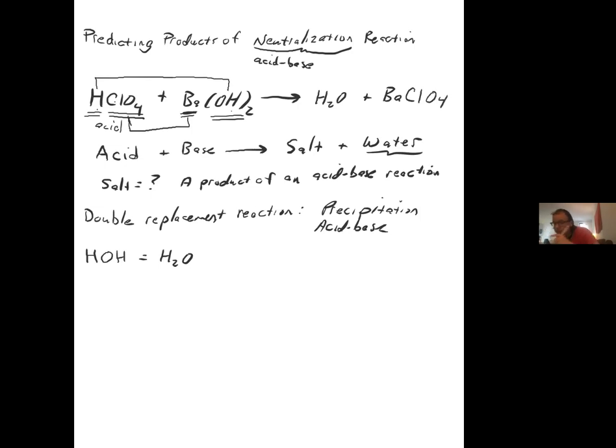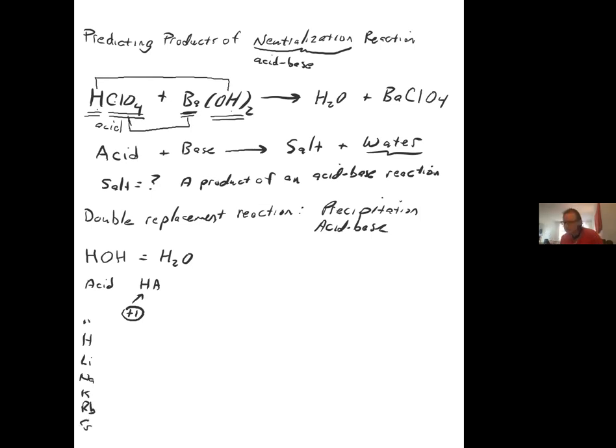Now here's where you have to be very careful. When we have an acid, the hydrogen in the acid has a charge of +1. The way you can remember this is that hydrogen is in the same column, group 1A, as the alkali metals, so they're all +1.